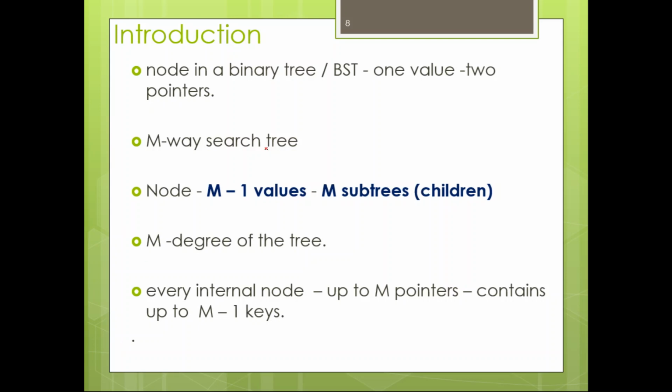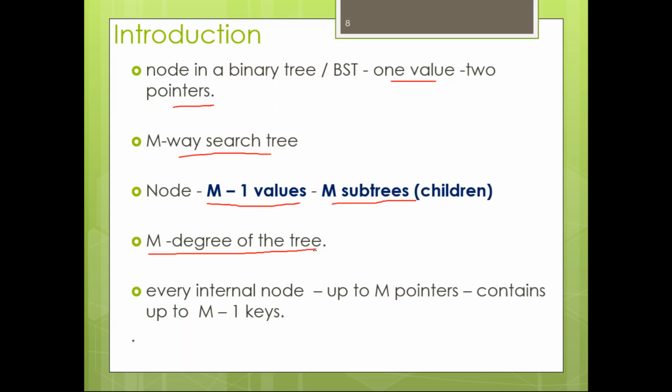As I have told earlier, a node in a binary tree or a BST can have only one value, and it will have 2 pointers. A node in an m-way search tree can have up to m minus 1 values. It is not that every node should surely have m minus 1 values. It can have up to m minus 1 values and up to m subtrees, that is, m children. So m is called the degree of the tree.